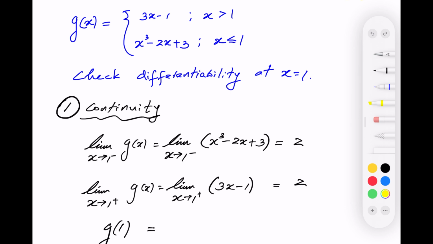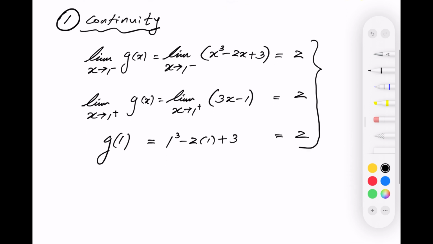So I need to substitute 1 for that. Then it's going to be 1 cubed minus 2 times 1 plus 3. This also simplifies to become equal to 2. These three components are equal to one another. Therefore, you can conclude that this function is continuous within a neighborhood of x equals 1. You have to write it explicitly in words, and then we can proceed to the next step.